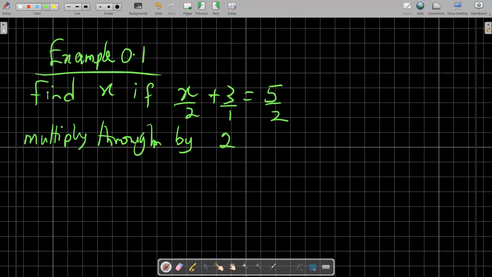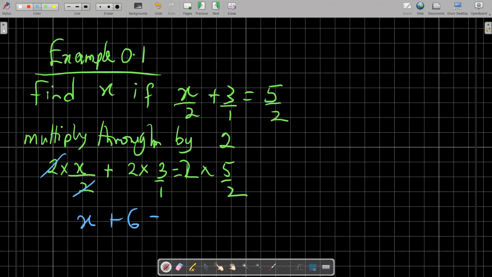In an attempt to do that, I have 2 times x over 2 plus 2 times 3 over 1 equals 2 times 5 over 2. Now listen, my 2 will cancel out. I have x plus 2 times 3, 6, equals, this 2 will cancel out, I have 5.